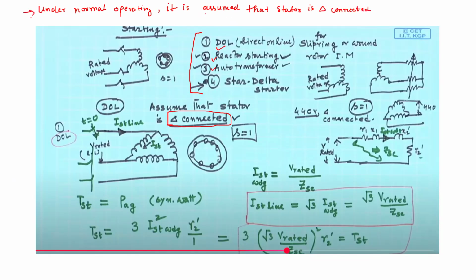Okay, so this is what we are doing, and why we are doing this is so that we can compare the star delta starter method with the other methods.